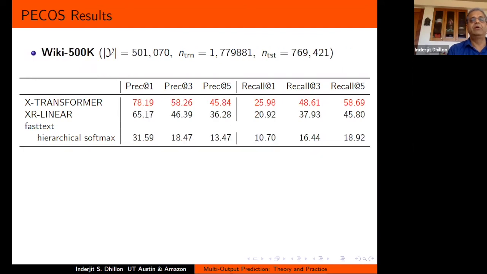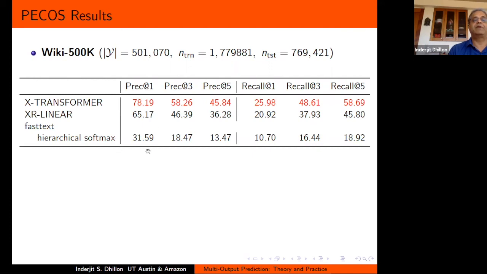And then Wiki-500K is a much bigger data set. The number of labels is about 500,000, like I said. Number of training examples is nearly 1.8 million. And you can see over here that XR-Transformer actually outperforms XR-Linear by quite a bit.